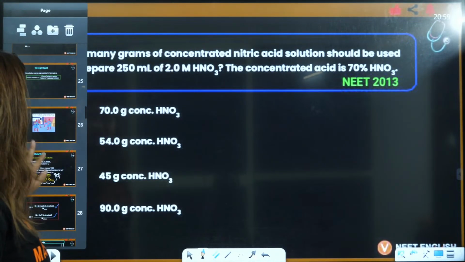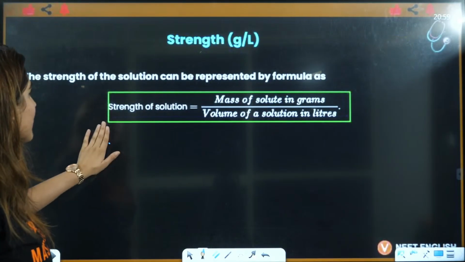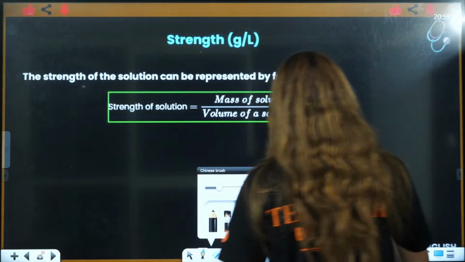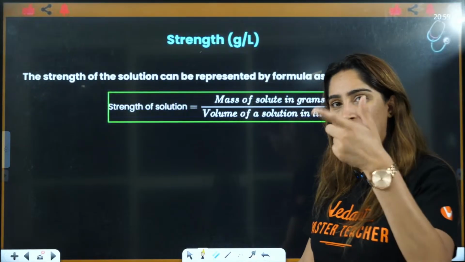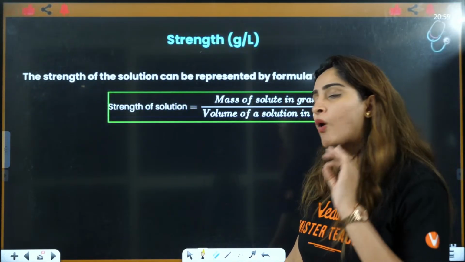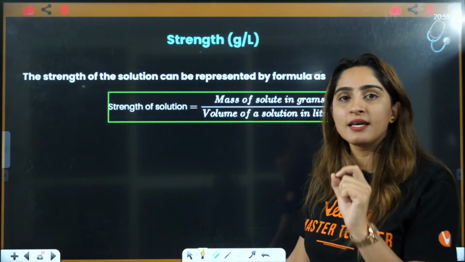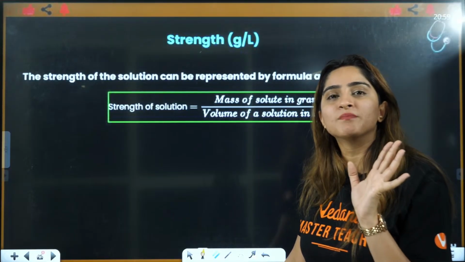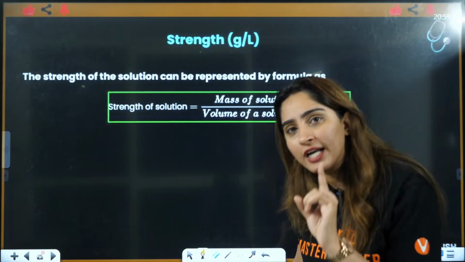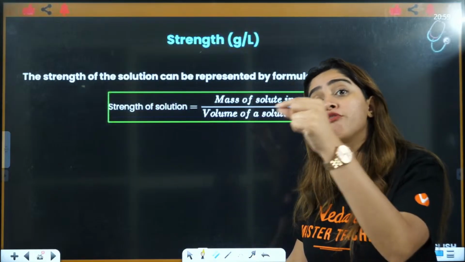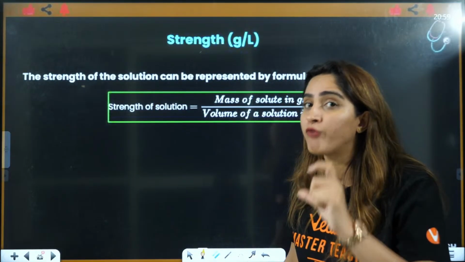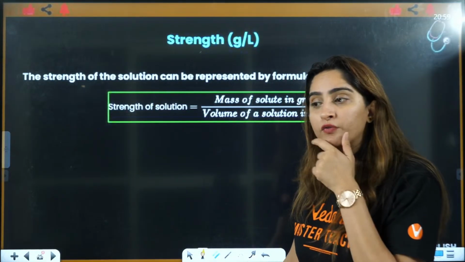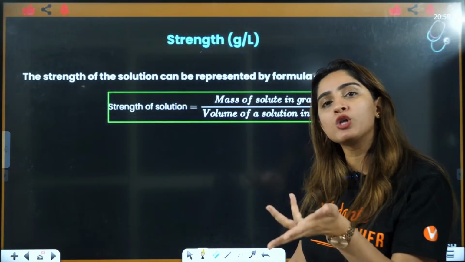Next, after molarity, I also tell my students to understand what is strength. After molarity, strength. Now, what is strength? Strength is the same as molarity. The difference is, in molarity we say number of moles of solute divided by volume of solution. Here, instead of moles, you are writing weight.